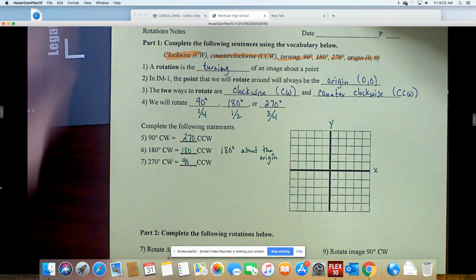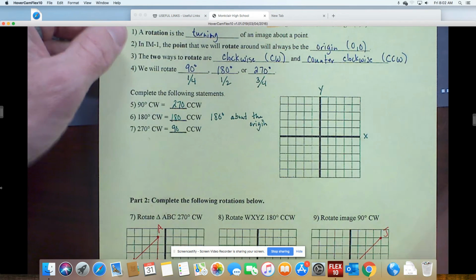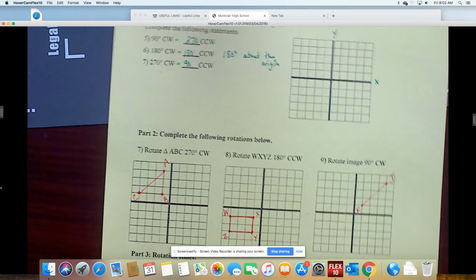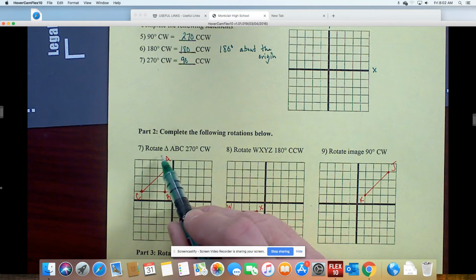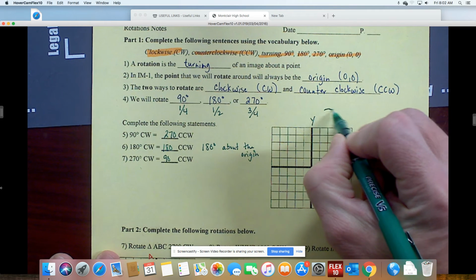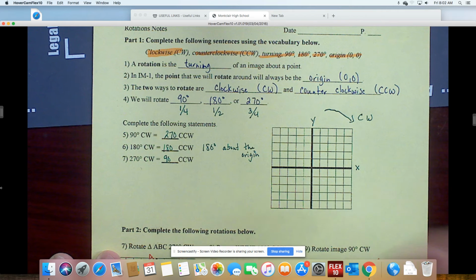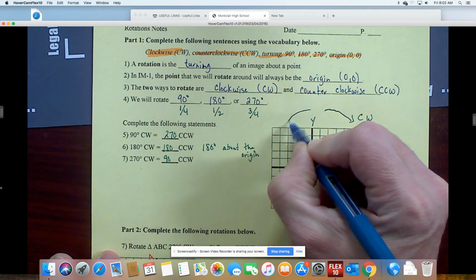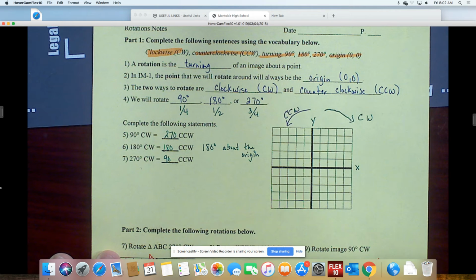All right, let's look at some examples that they want us to solve for, or that they want us to rotate. So we've got one example here. It says rotate triangle ABC 270 degrees clockwise. Well, if we think about it this way, that way is clockwise. And if we go to the left backwards, that way is counterclockwise.